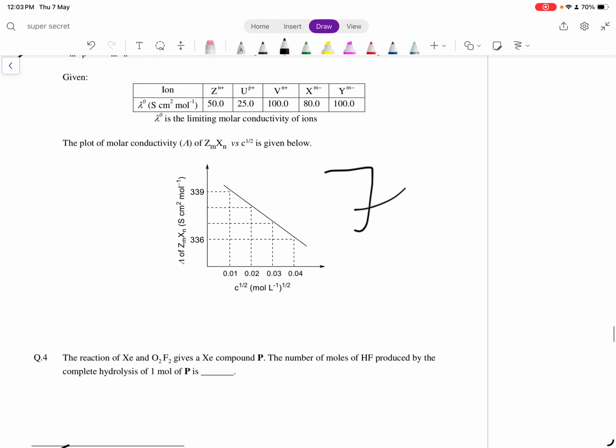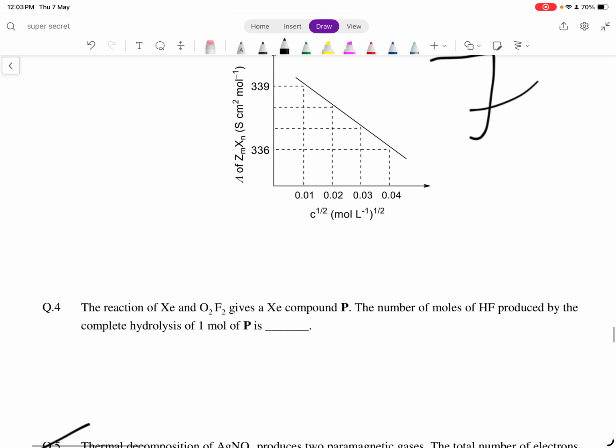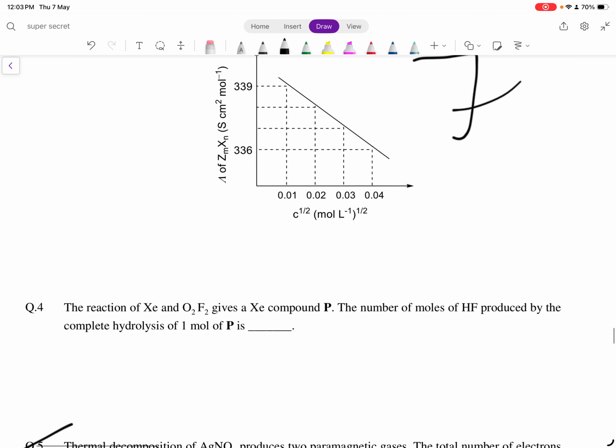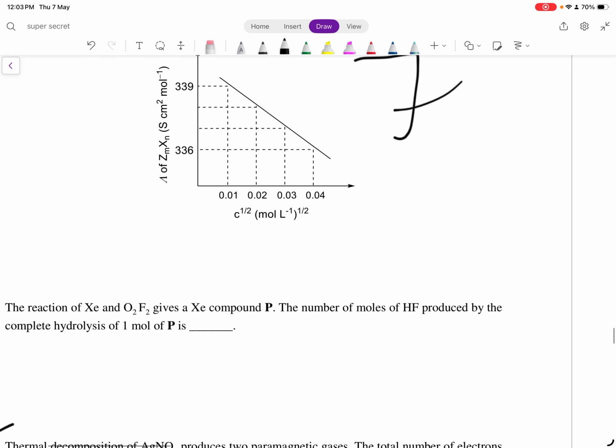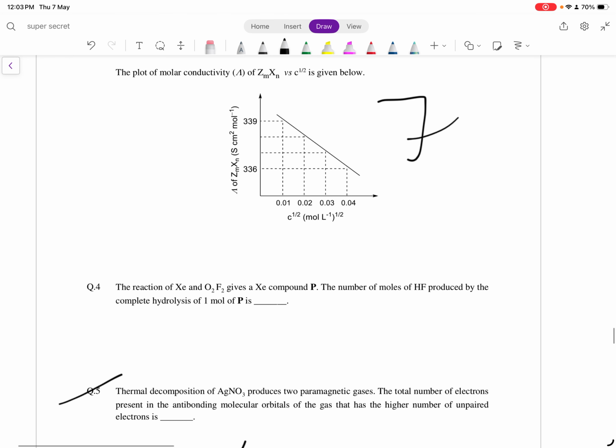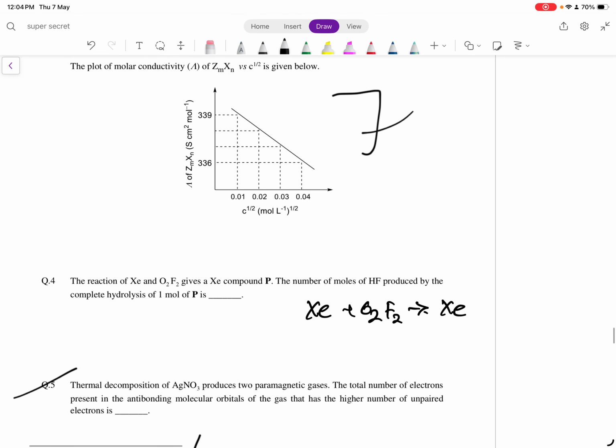Question 3 you got. Question 4: the reaction of xenon and O2F2 gives a xenon compound P. The number of moles of HF produced by complete hydrolysis of 1 mole of P. Xenon plus O2F2, I think that gives XeF2.